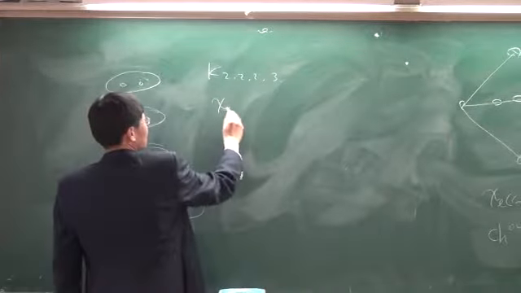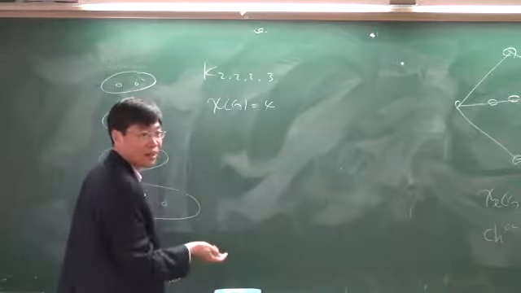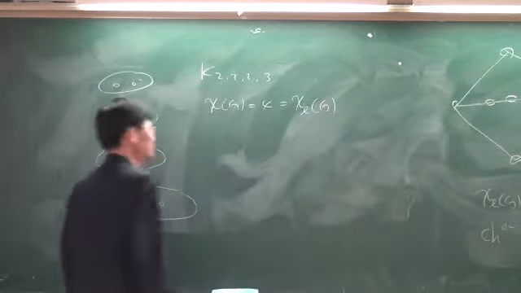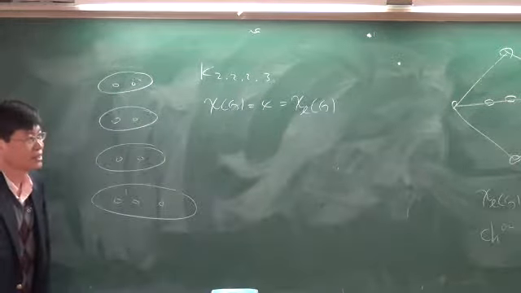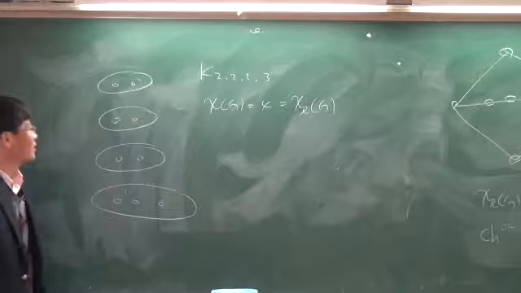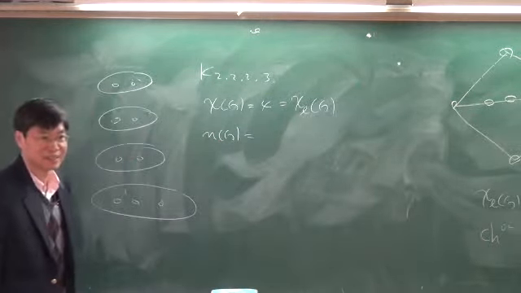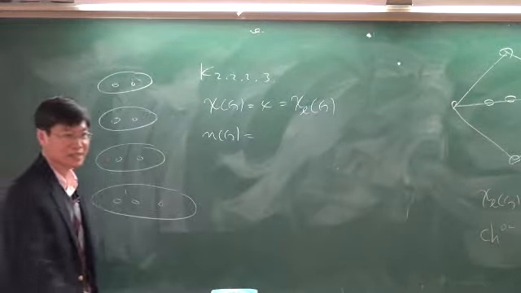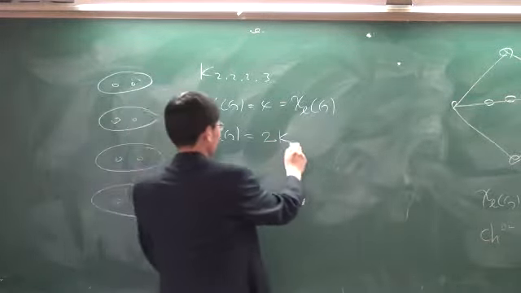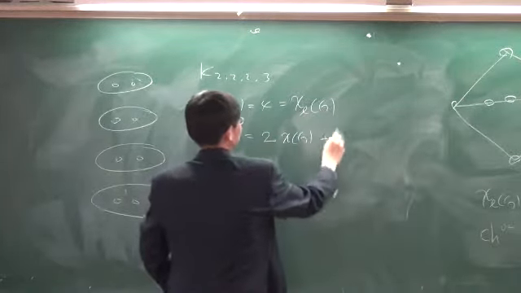And then the chromatic number is 4. And also the list chromatic number is 4. And then what is the number of vertices? It's actually the same as this one, right?